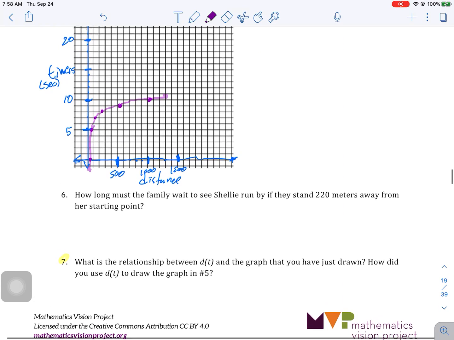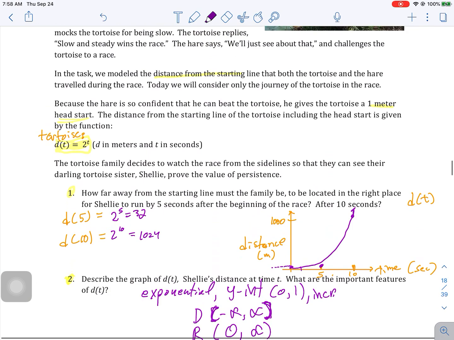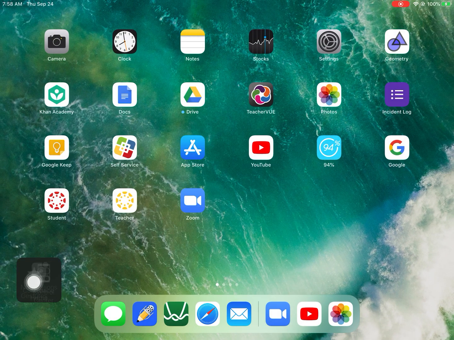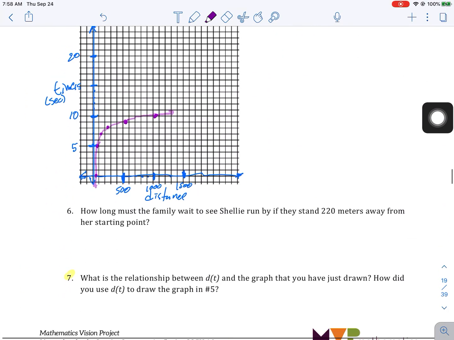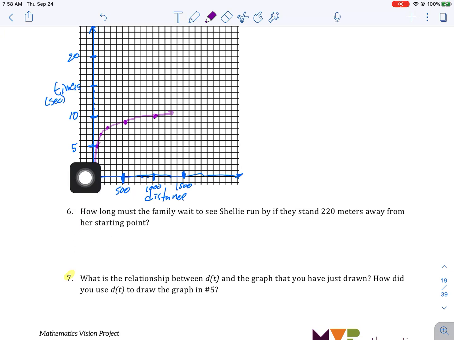What is the relationship between d of t and the graph you've just drawn? Well, here, whoops, sorry about that. Here is d of t. It's your exponential, right? And then when we look at the other one, this is the inverse of d of t.